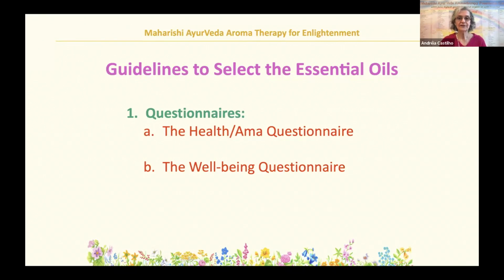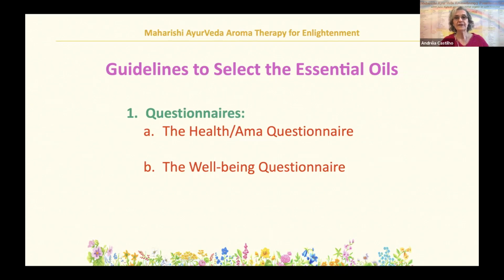So just to give you an idea, I'm going to go through each of the steps and show you the support material that we use and that you receive when you take the course. So we start off with the questionnaires, the health and the AMA questionnaire and the well-being questionnaire. And I'm going to show you what these look like. The health and AMA questionnaires are used to assess the person's dosha predominance and the level of AMA.